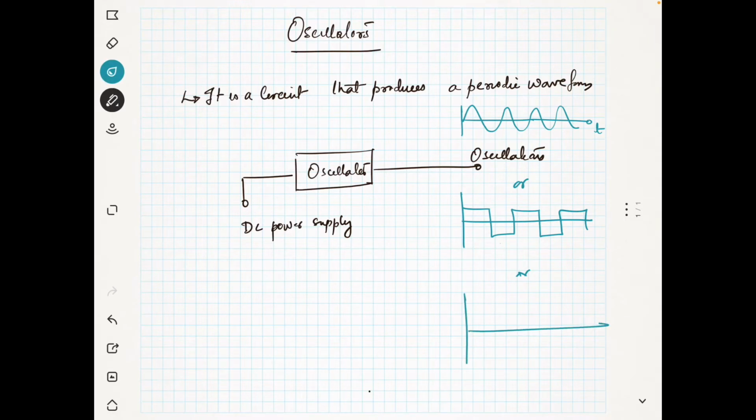Okay, you can have a sawtooth wave like this. This is the sawtooth wave, and this is the square wave. You see, square wave and sinusoidal wave, then the sawtooth wave.